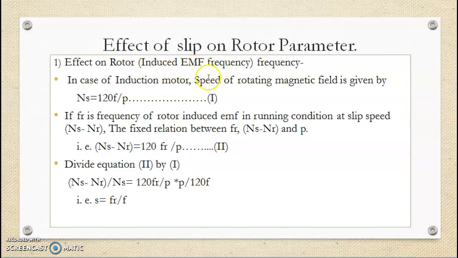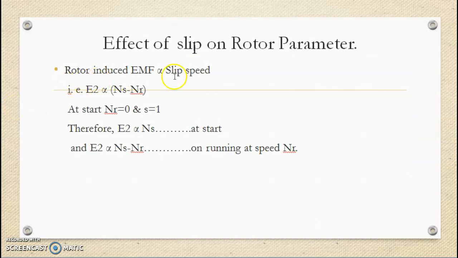We know that the synchronous speed ns is equal to 120 f by p. When our motor is in standstill condition, at start, nr is equal to 0 and s is equal to 1.